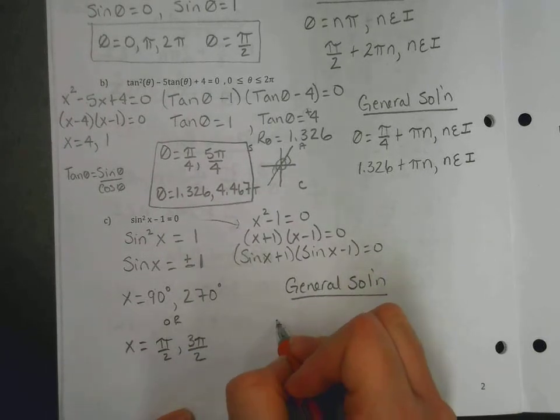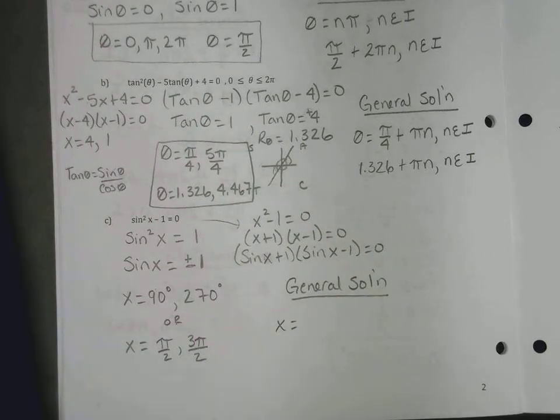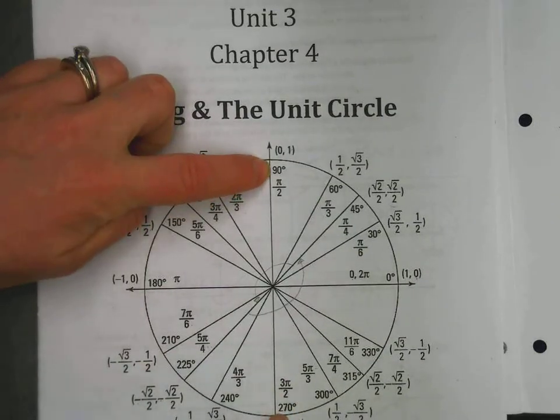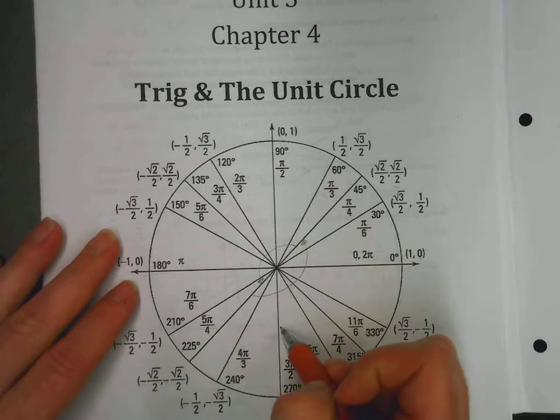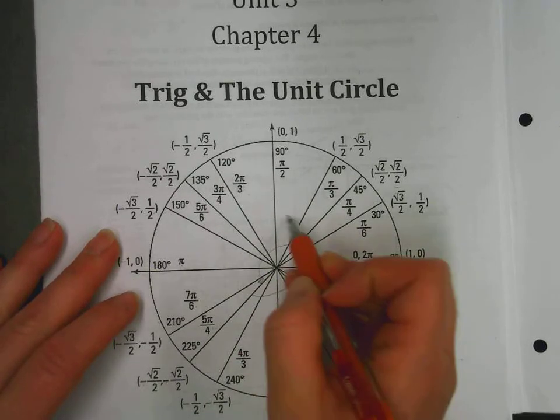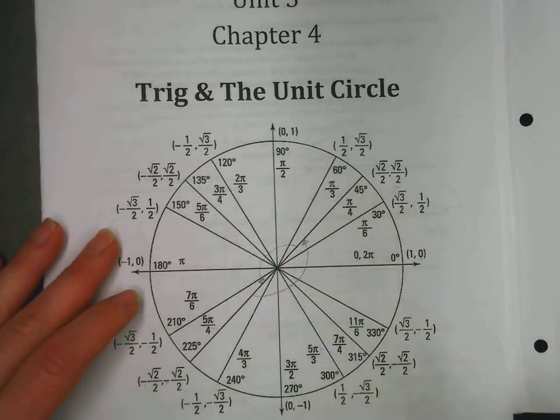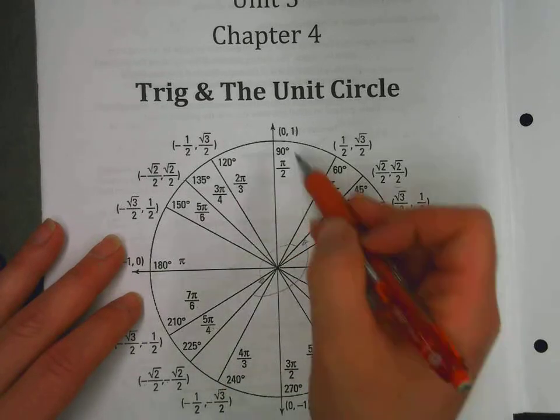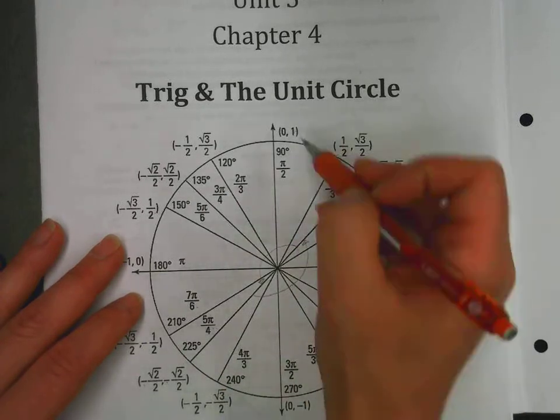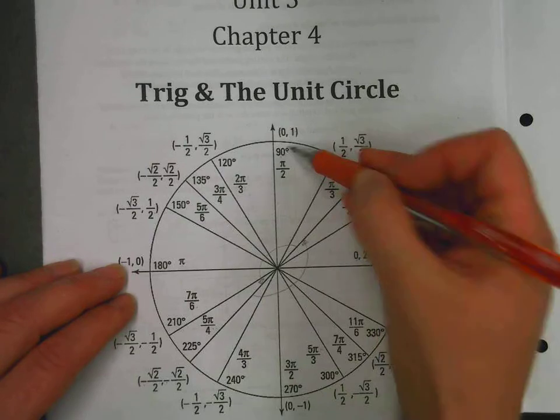And so when you look at the 90 and 270, these are actually related to each other by simply adding 180 degrees. So again, I don't have to write both of these answers as my general solution. I just need to write the 90 degree mark and continue to add 180 to it.